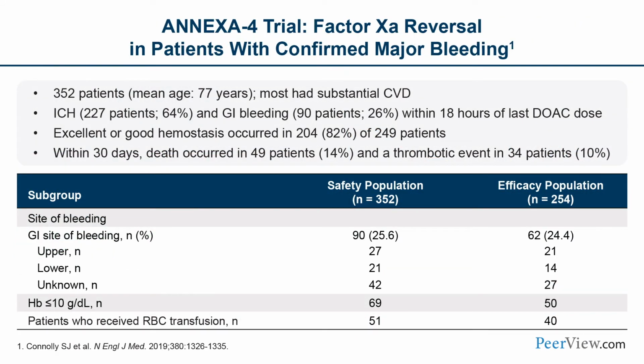The ANNEXA-4 trial was the large cohort, single cohort, no control group, of major bleeding patients. So 352 total, 26% or 90 patients were GI bleeding, evenly split between upper and lower and unknown. And we tried to enroll patients who had some sign of hemodynamic compromise or shock.